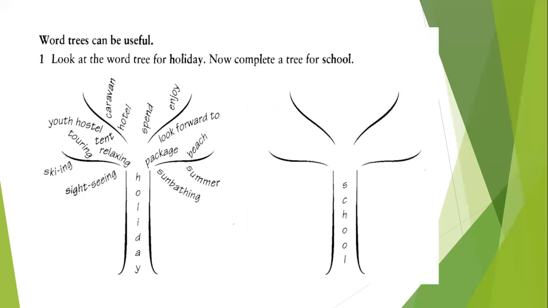The next method is called word tree. It can also be useful. So you will write a word in the middle, the basic word, the main word you consider. For example, here it is given in the example of holiday, and you will collect all the words and collocating words with the word holiday.